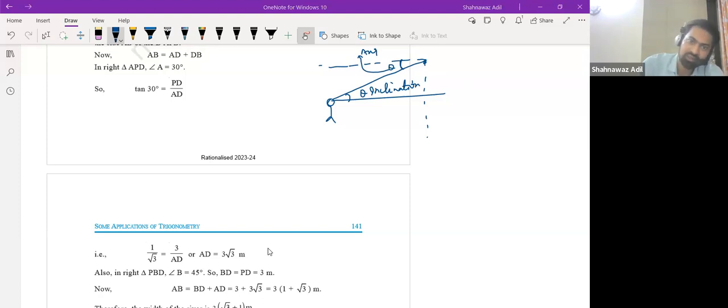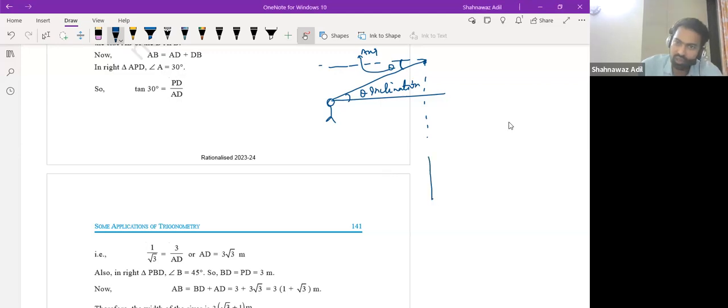Find the height of the tower. Okay, let me fix this here. So from the top of a cliff, 20-meter high, the angle of elevation of the top of the tower is found to be, right.